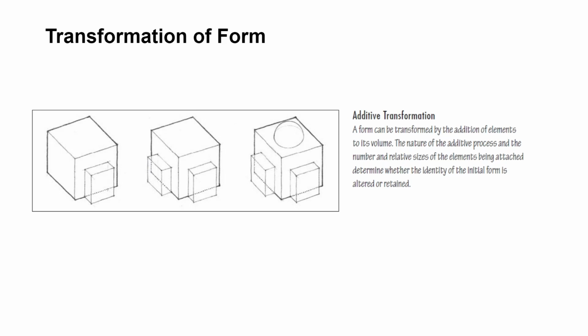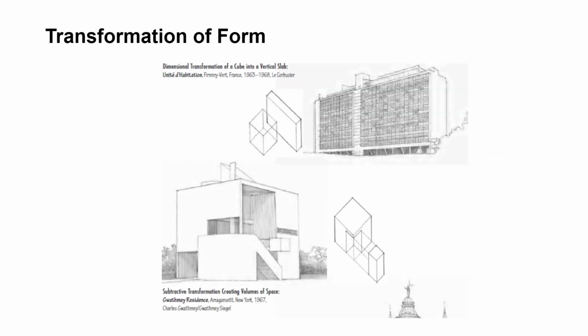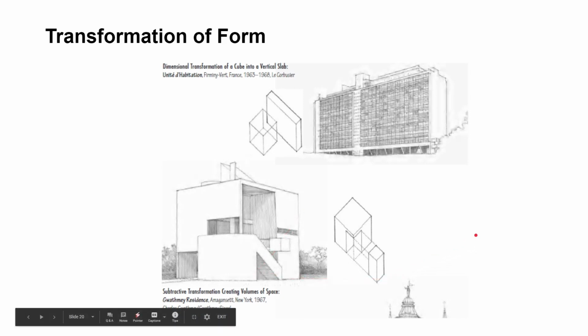So this is where it will actually be of use. In addition, let's say for a house, I want an extension of a house to serve as a guest room. This is where the original form will be altered. All right, so transformation of form. The dimensional transformation of a cube into a vertical slab, and this is in addition, and then you have a subtractive transformation, creating volumes of a space.